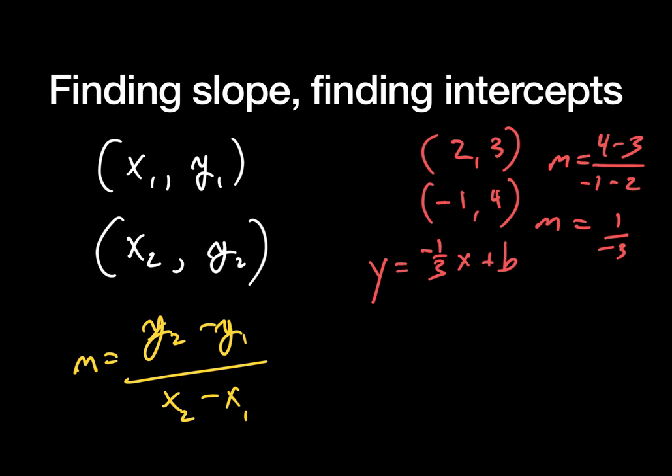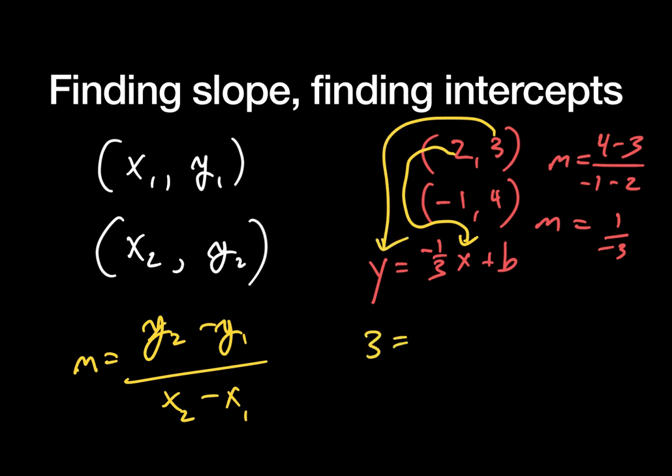How do I use that? I can then take either of the points that I was given up here and plug it in for x and y. I'm going to choose this one only because it's just not negative numbers. I like to work with positive numbers when I can. So I'm going to go ahead and take this 2, put it in for that x, this 3, put it in for that y.